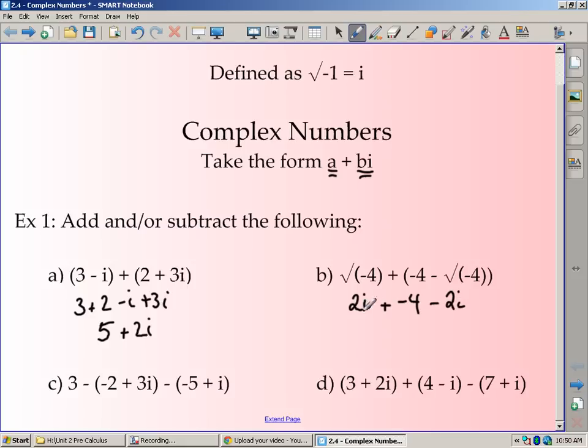Remember, the square root of -4 is the square root of -1 times 4, which could be written as the square root of -1 times the square root of 4. The square root of -1 is i, and the square root of 4 is 2, and we just write the 2 in front of the i. That's where these two i's came from. So you'll notice I have a -2i and a +2i, which will cancel each other out, as like terms. So the only thing I'm left with is -4 as my solution.